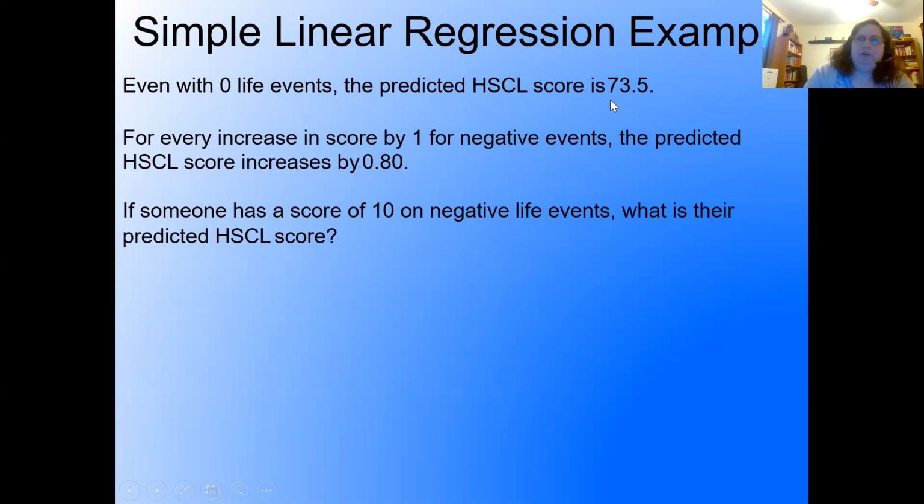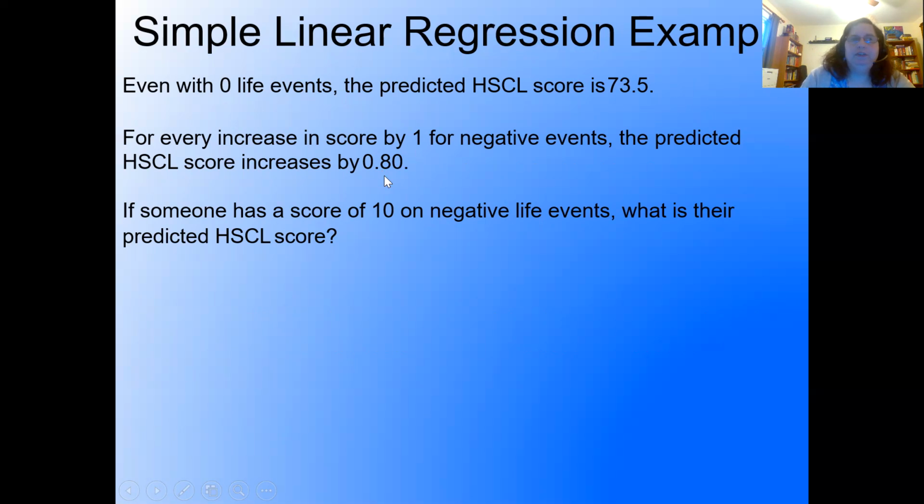Okay. So the first thing we have to do is figure out what this formula is, right? That means we have to figure out what the A is and what the B is, because we're given A and B and we're also given X. So what's the intercept? What's the one that goes along with the 0? It's the 73.5. That's our A. You're looking for the one that's paired with the 0 for the X. What is Y? 73.5. That's our A. Now we're looking for our slope. For every increase in score by 1 for X, what does Y do? That's this one.